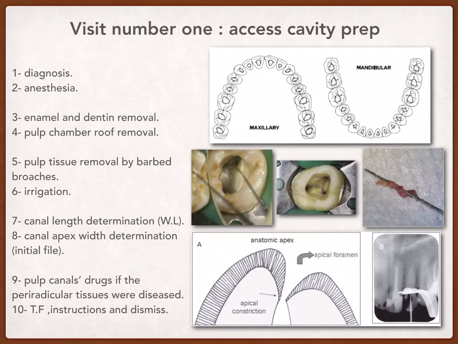And then we should remove the pulp tissues and then irrigate, and then we should determine the length of the canals, and then we should determine the width of the canals, so that in the next visit we can have the proper instruments with the proper length and width to clean and shape and finish the canals.